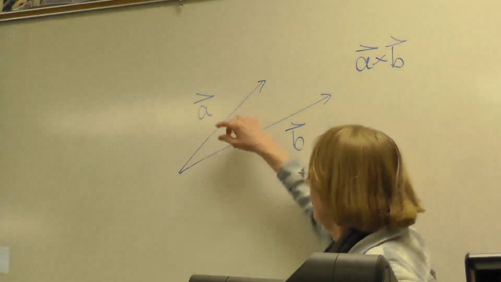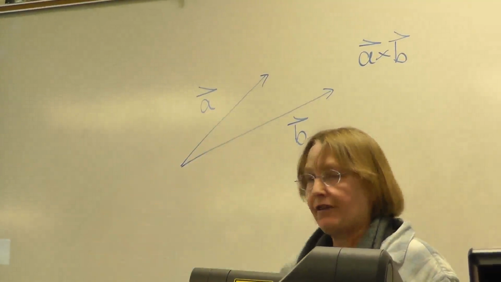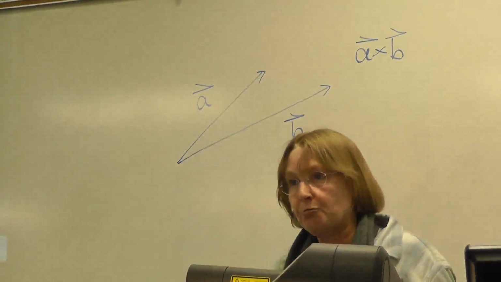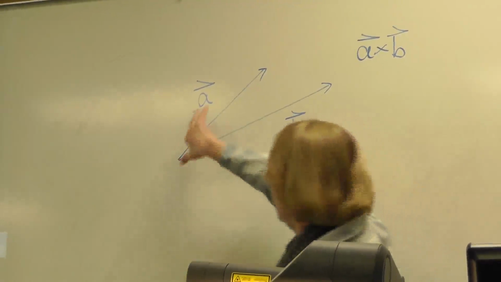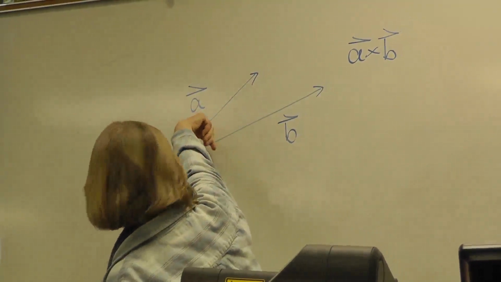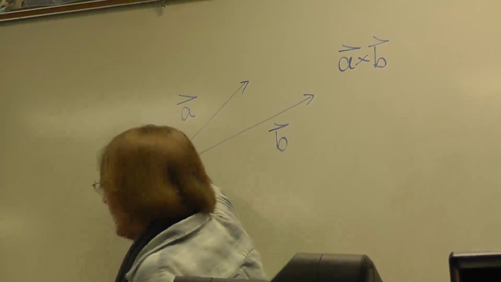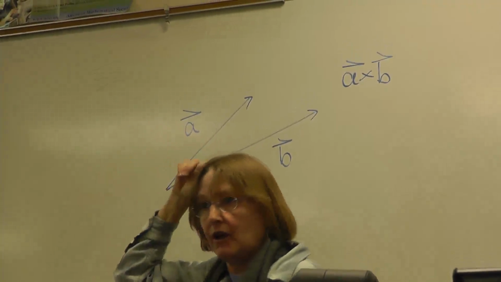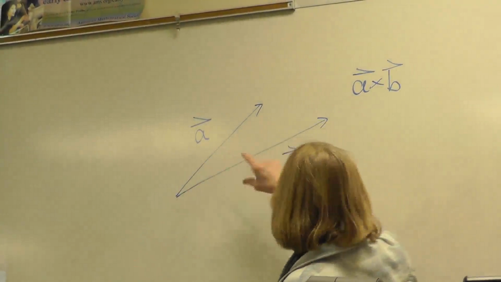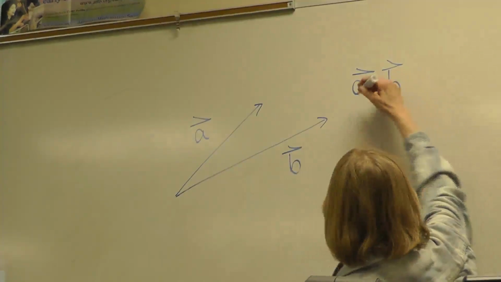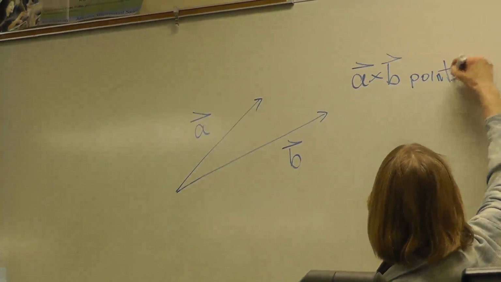What I want to do is to line my hand up along A so that my fingers curl through the smaller of the two angles. And if I do that, your thumb points in the direction of A cross B. So for these two vectors, A cross B points into the board.